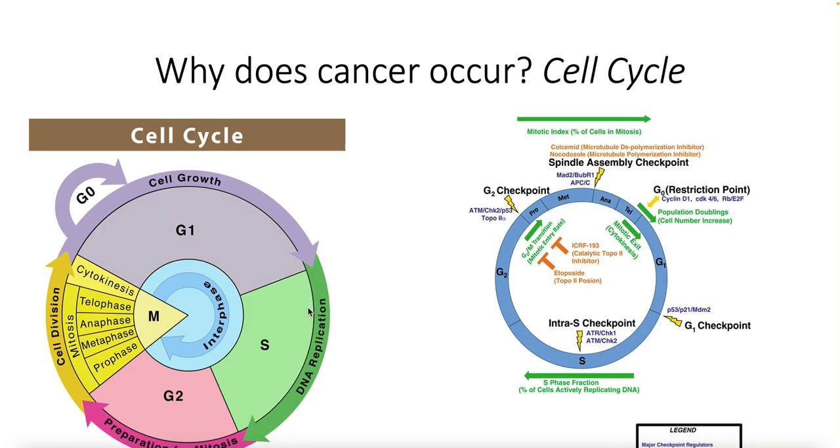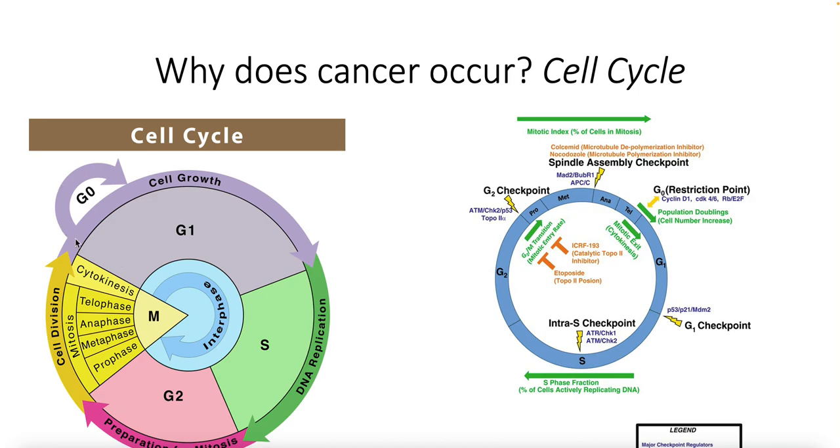But in order to divide, we first need to replicate our DNA. So then they replicate the DNA, and then they grow more, and then there's signals for the cell to divide, and it undergoes mitosis. And then once one cell splits into two, those two cells now are in G1 again, and they grow till they're ready to synthesize their DNA, and they do it all over again.